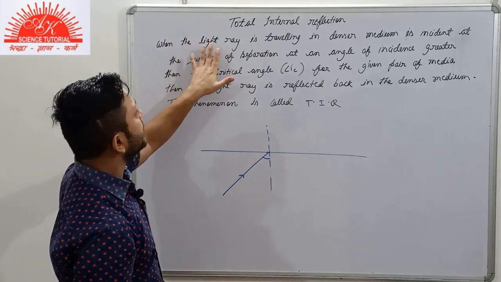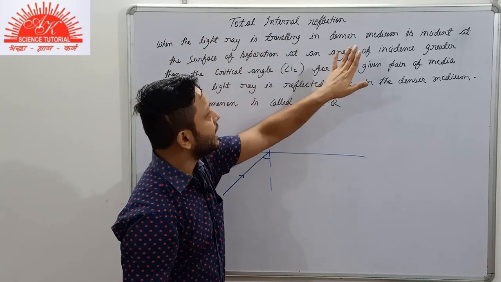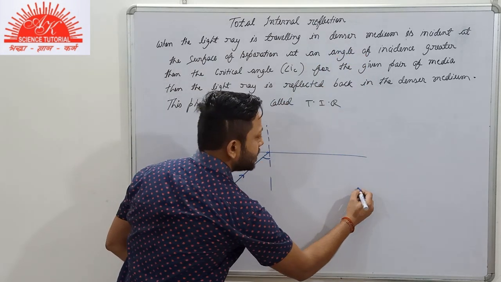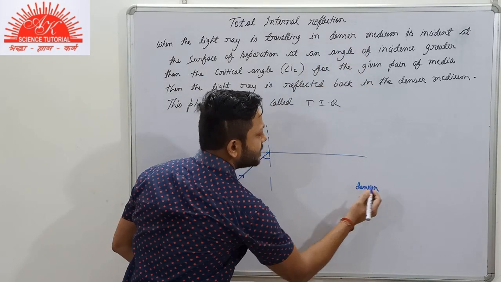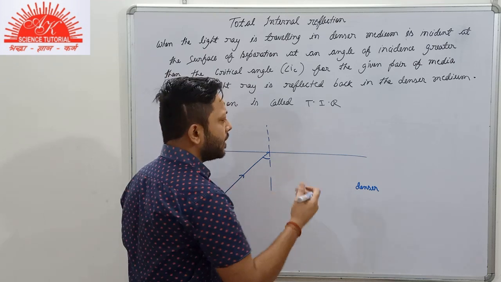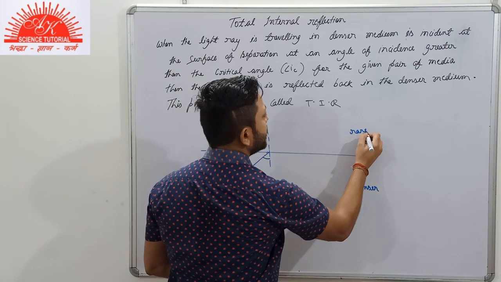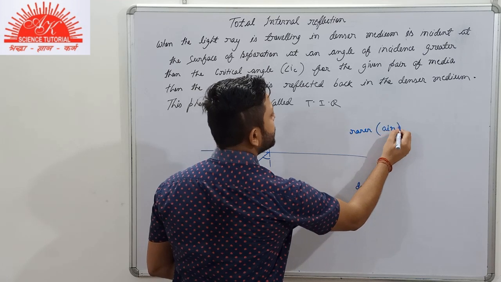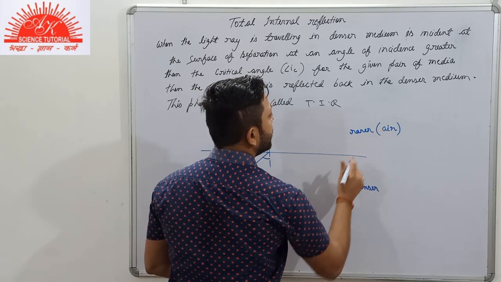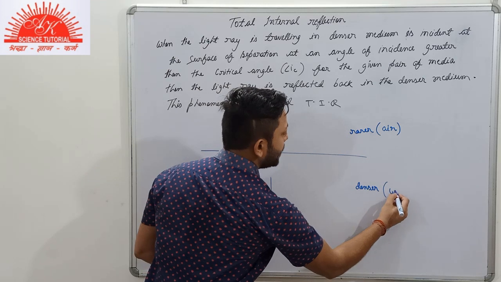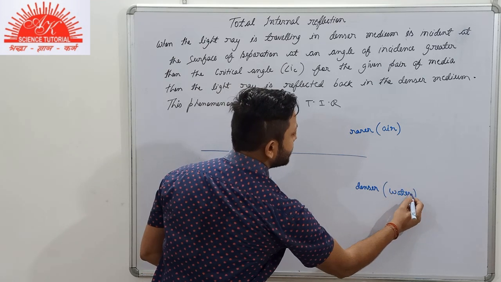When the light ray is traveling in a denser medium, it might be glass, diamond or anything, and this is our rarer medium, suppose air. We just take an example of it. The rarer medium here is air and the denser medium is water or glass, anything.